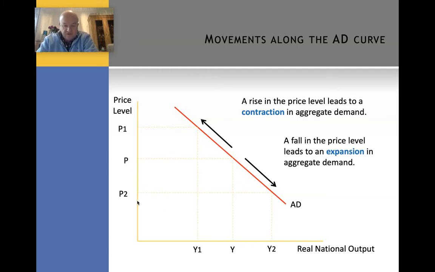If we have a price fall, from P to P2, then in that instance, because there is greater demand at that price level, Y2 would be the new level of real national output. So there is a clear link between those two things.